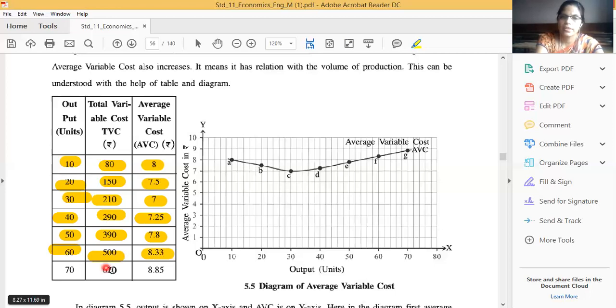When production is 70 and total variable cost is 620, it is 8.85.